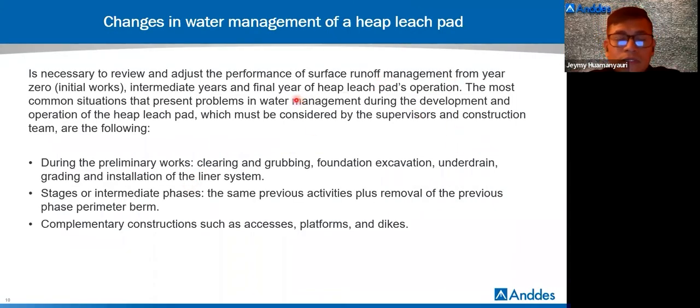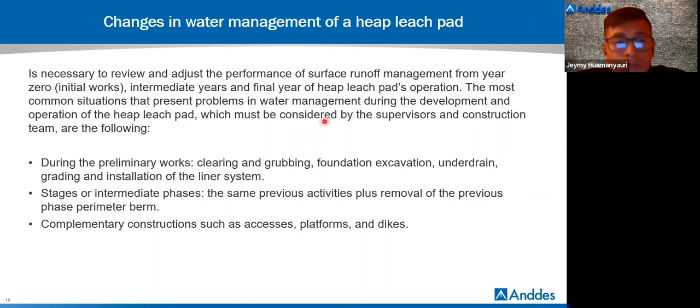You can consider some changes in water management of a heap leach pad during the preliminary works, cleaning and grubbing, foundation, excavation, under drain, grading, and installation of the liner system.